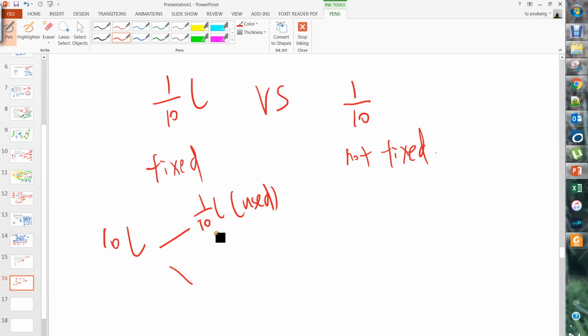I allow you to use calculator. Quick. 0.1. Okay. So if you have 10 liter, 0.1 liter is used. So how much is left? I let you use calculator. So how much is left? 9.9. Very good.